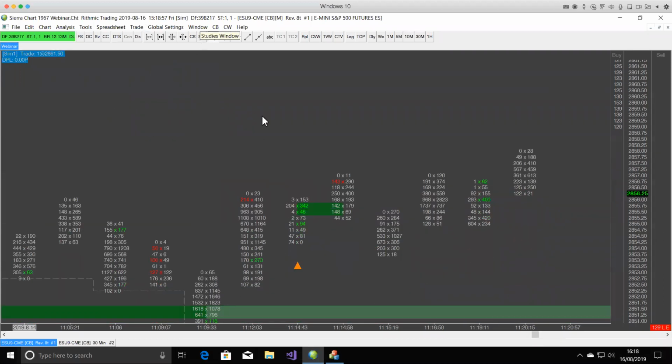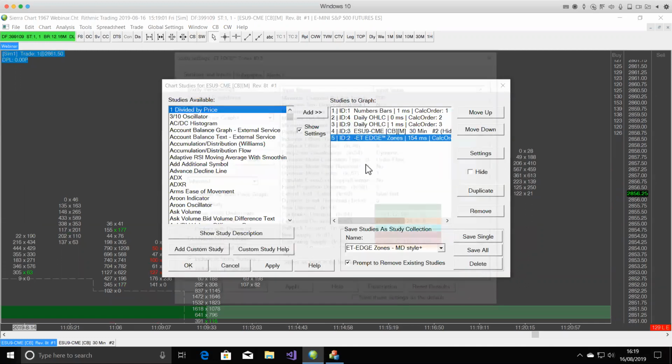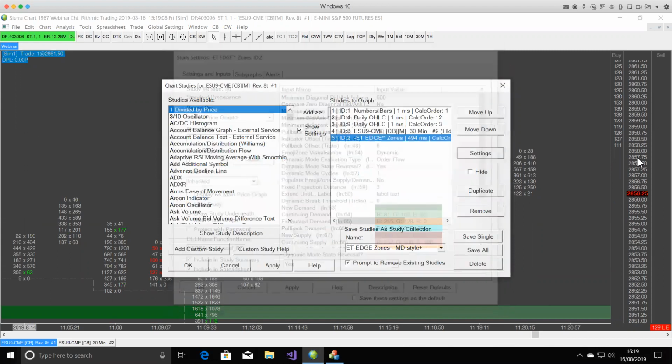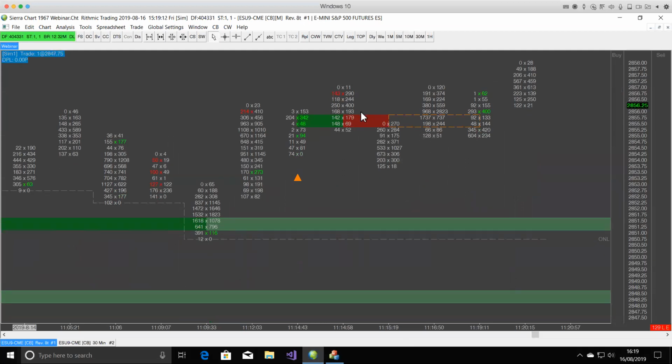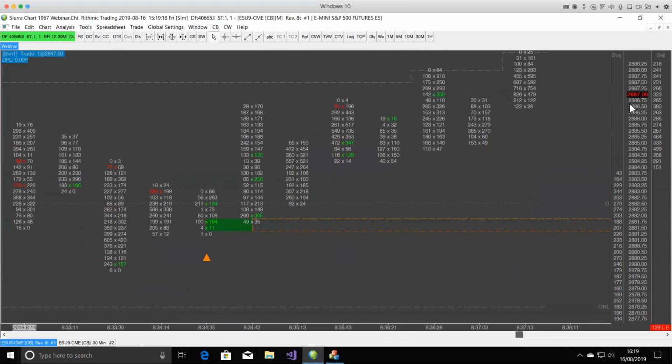Let's add the role reversal into the indicator just so we can have a quick walkthrough of what goes on there. So if I say dynamic mode state reversal, yes. What we're now doing is, when a level breaks, as we can see here, we change demand into supply and vice versa. Let's see if we can find one that goes full cycle.